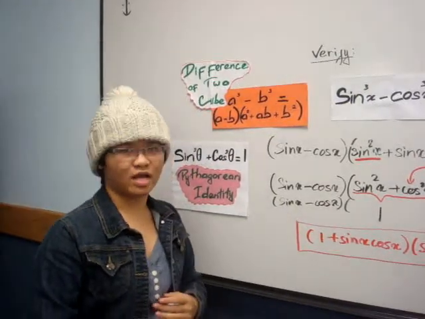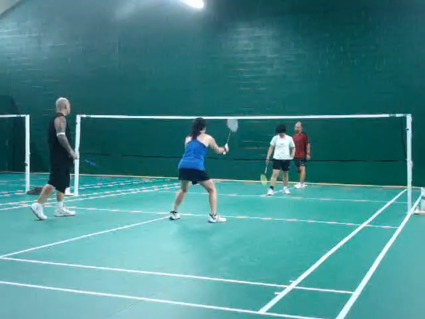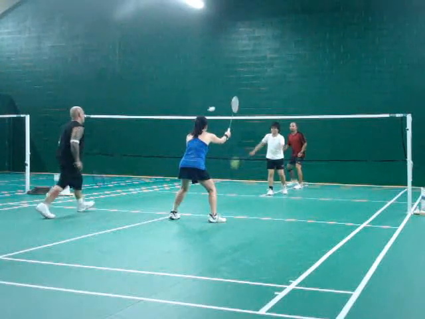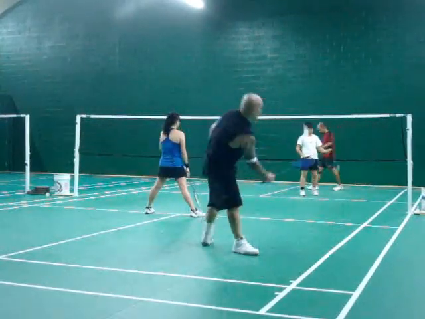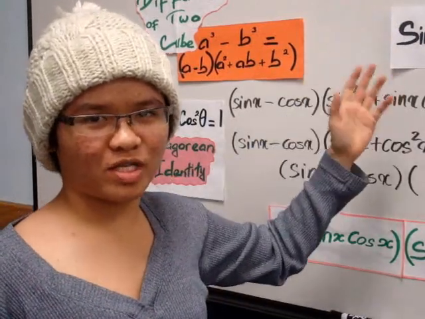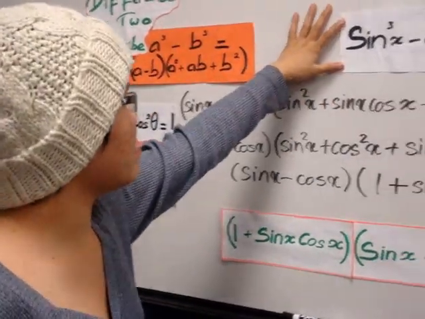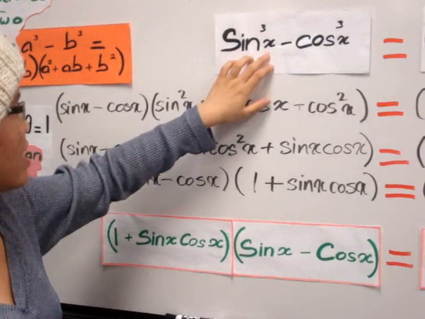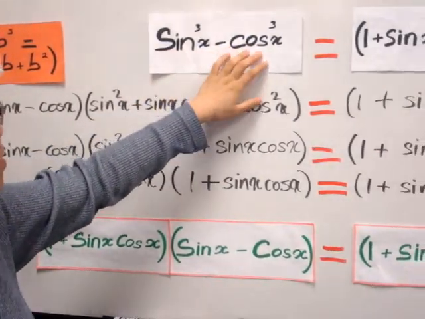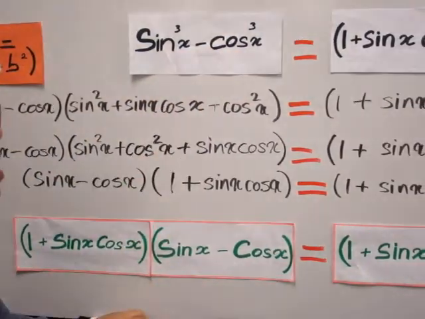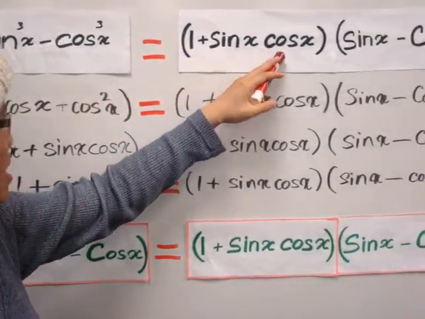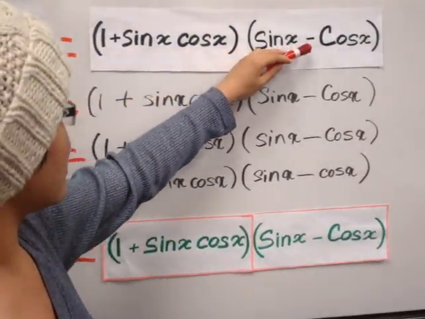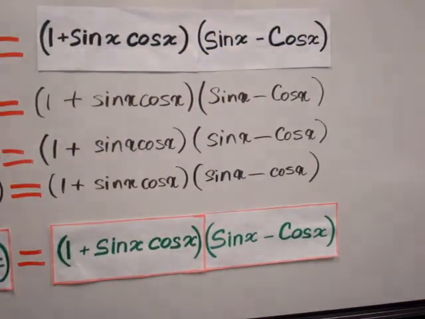And now is the time for us to review. Now we're going to review this problem. The problem is sine cubed x minus cosine cubed x equals 1 plus sine x cosine x times sine x minus cosine x.